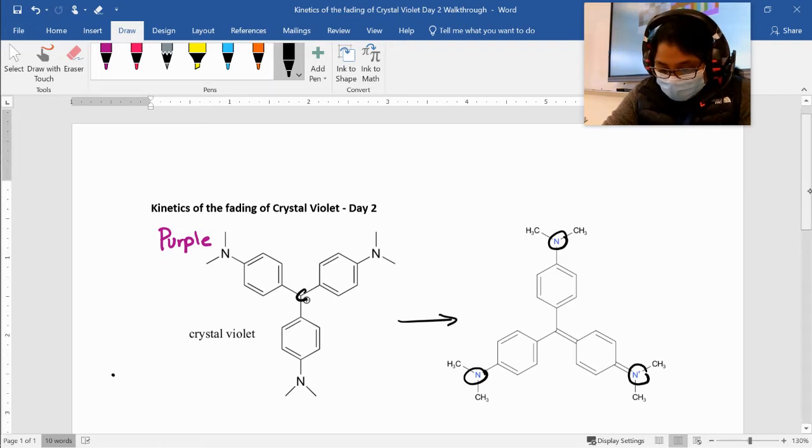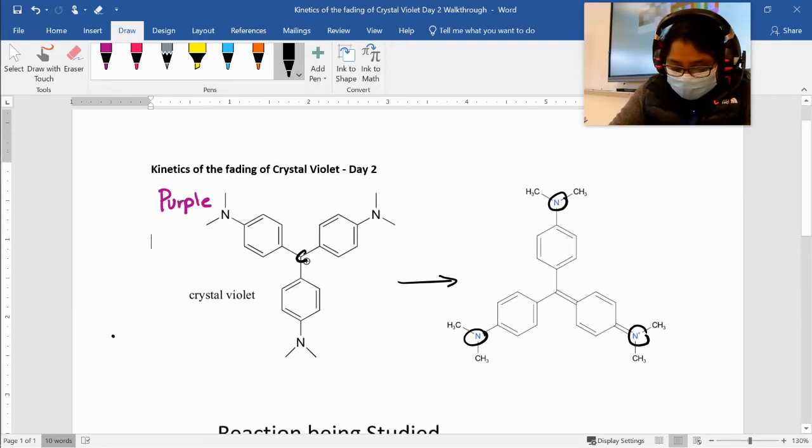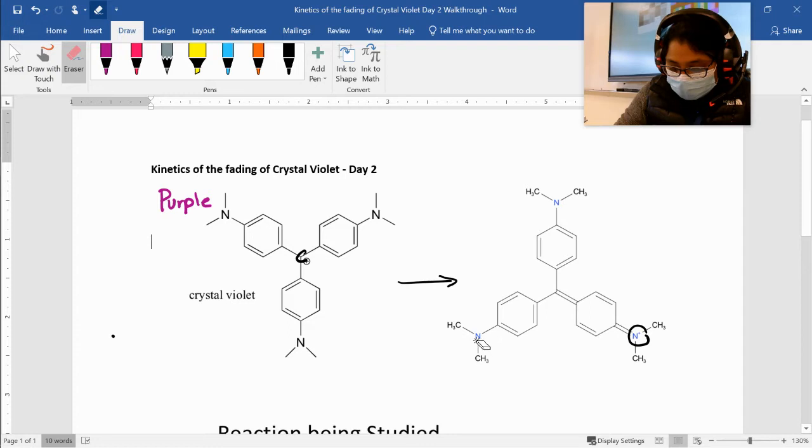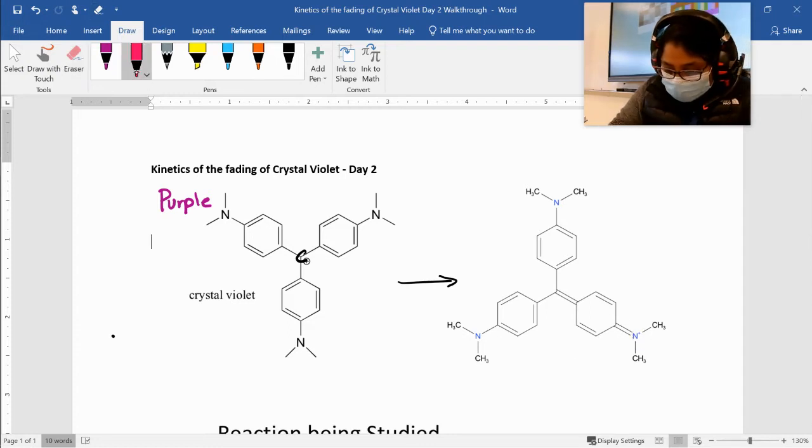Okay, now I also want you to see, it's good to get used to seeing organic structures so that you're not freaking out if you see something on the test. This rendering of this molecule, the way that this structure is drawn, shows you the 2 methyl groups that the nitrogen is attached to.